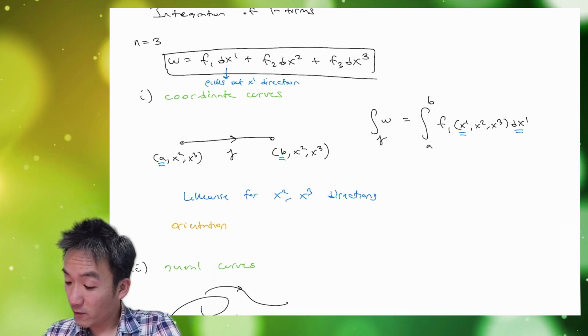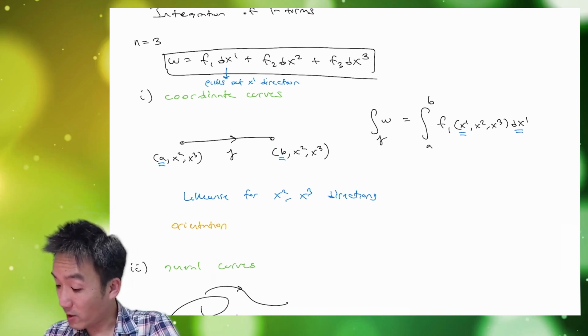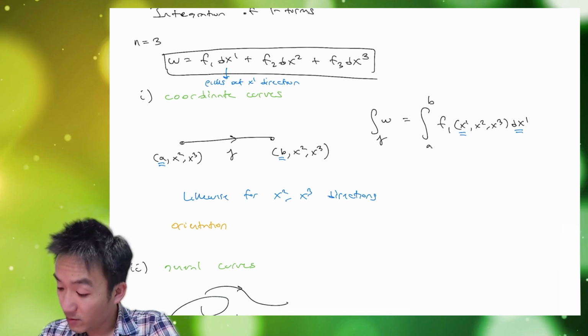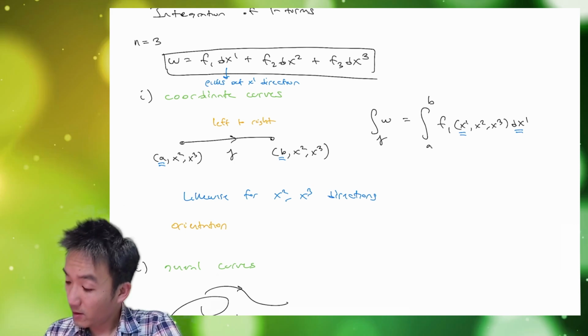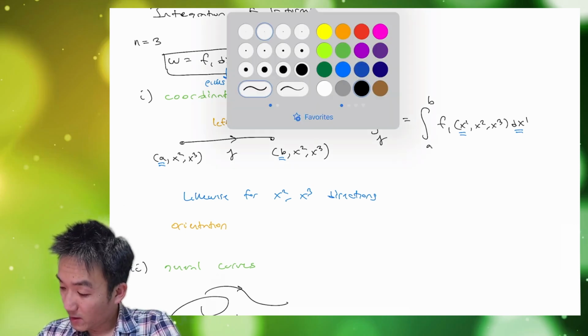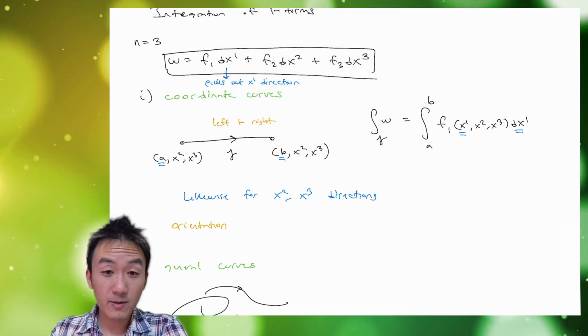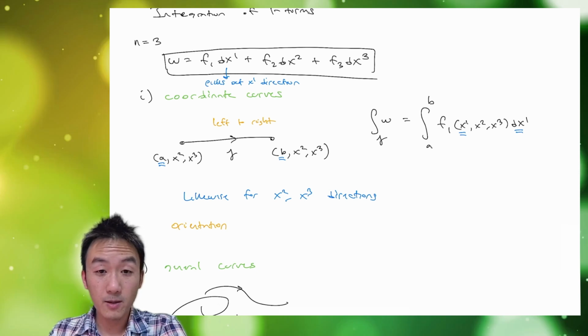Notice that this curve goes from left to right. If instead I had gone from right to left, the integral would pick up a minus sign.